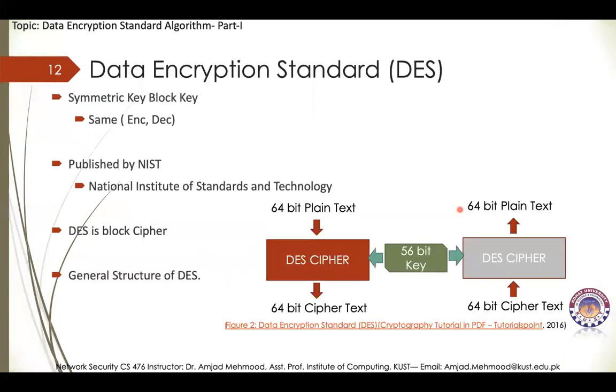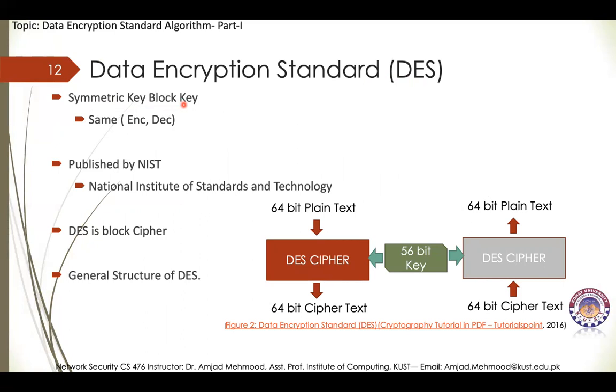Now, some more details about the Data Encryption Standard. This is based on a symmetric key block structure. As you know, the Feistel block structure was also based on a symmetric key.